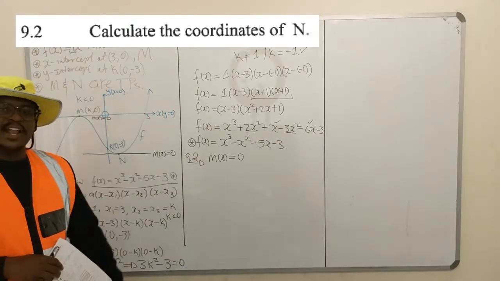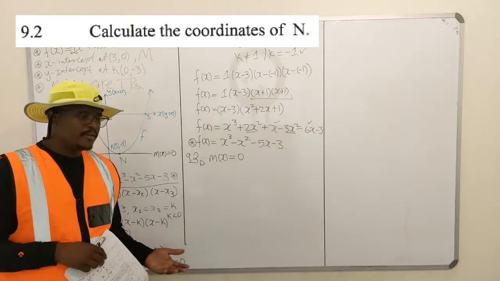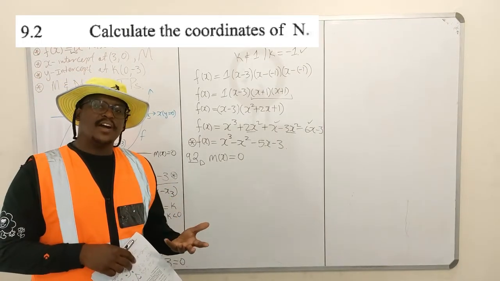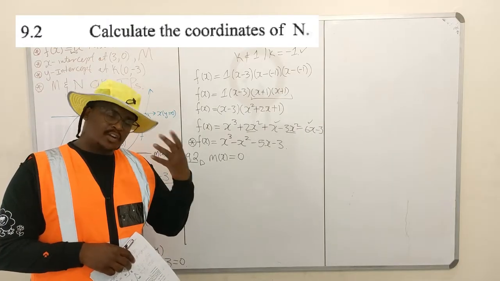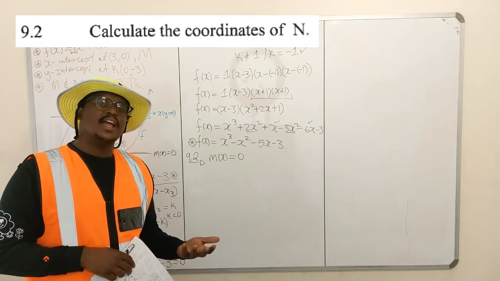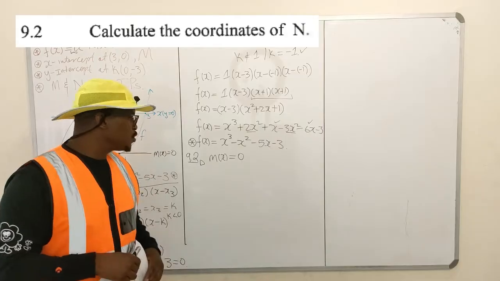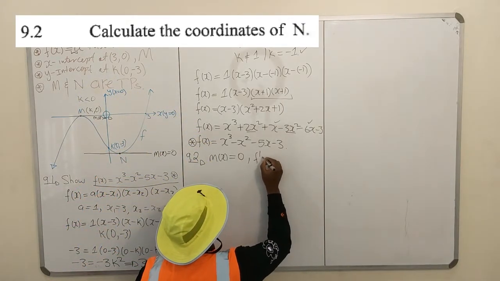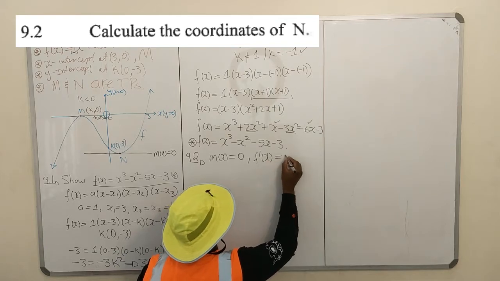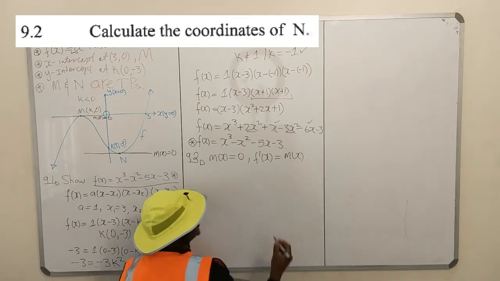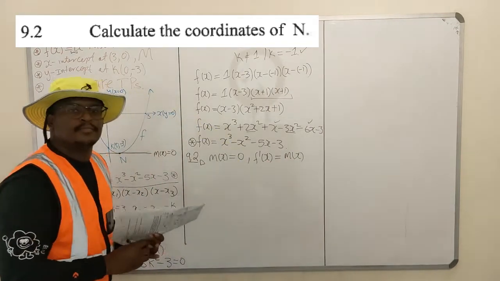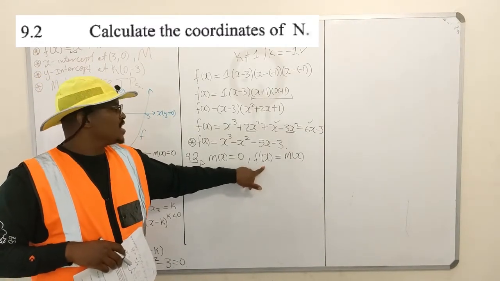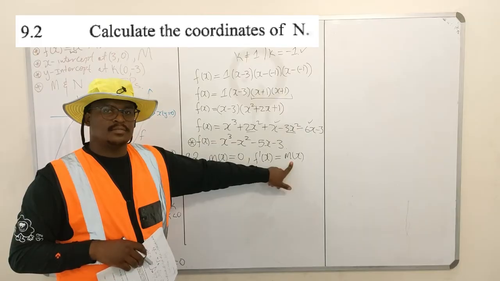So how is this going to help us? We know from our calculus classes that a derivative of a function gives us a gradient at a point. So if you find f prime at x, this gives you the gradient at a point. The derivative of a function gives you a gradient at a point.